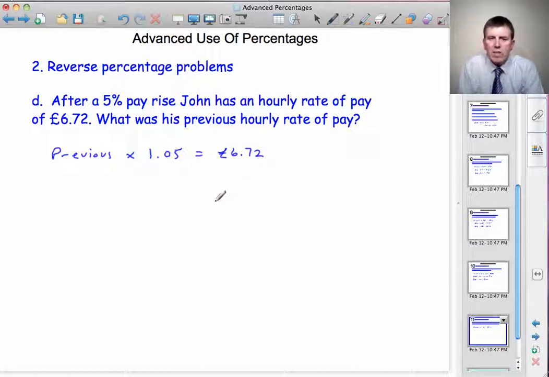So to find the previous rate, we do the opposite to multiply by 1.05. We divide by 1.05. And that will give us his previous rate.